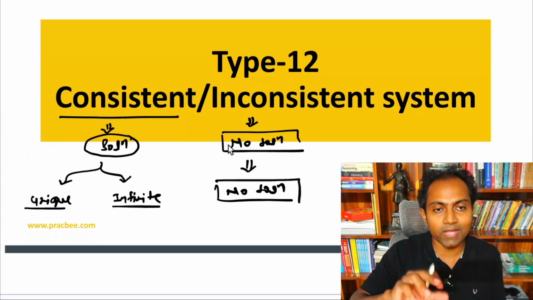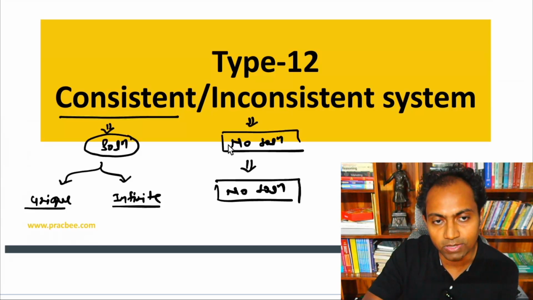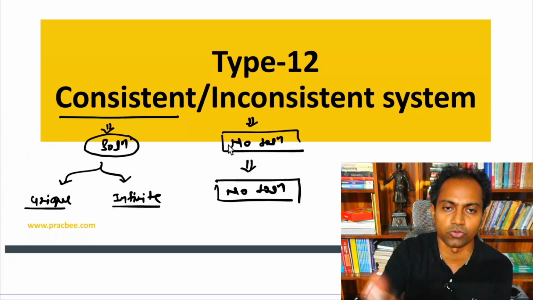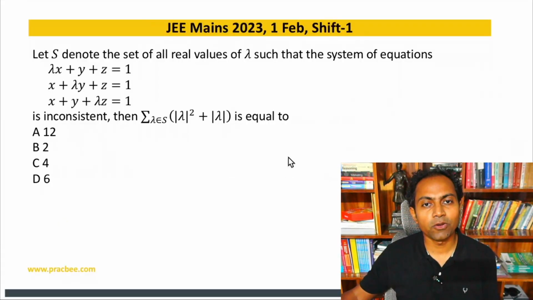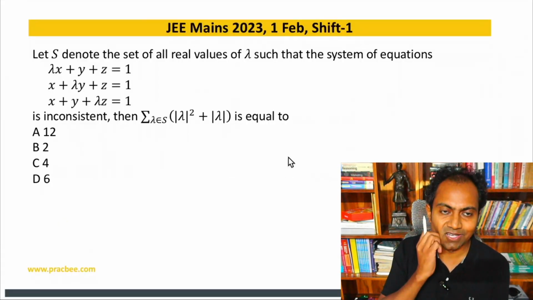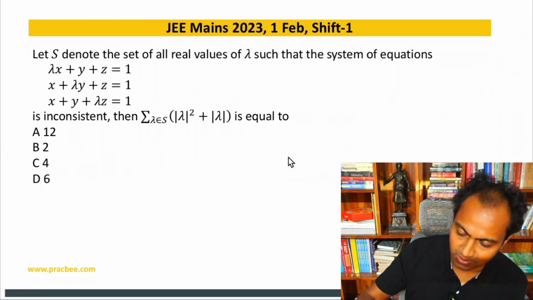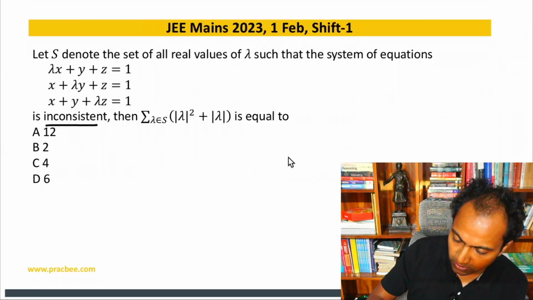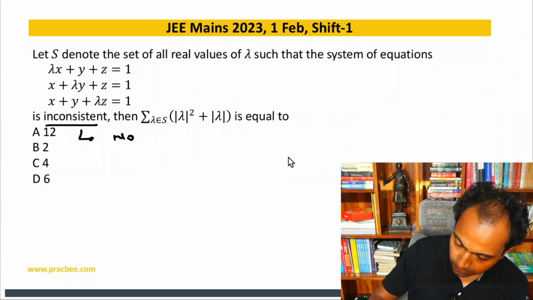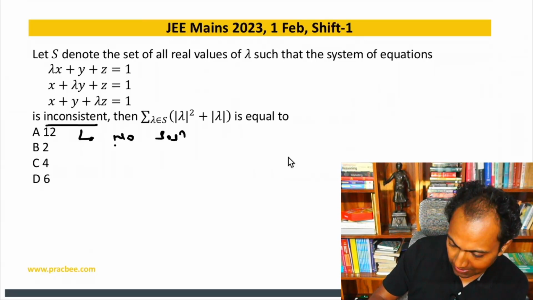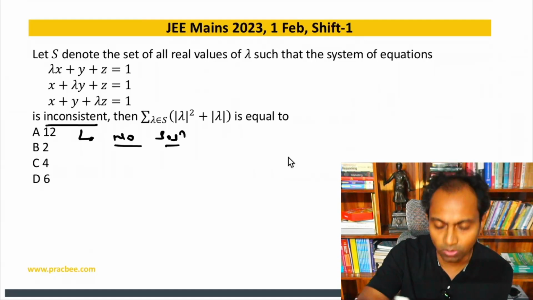Consistency will depend upon question to question. Now, if I look into this 2023 question, it says that this system is inconsistent. See, inconsistent is another word for no solution. Now see, this ultimately reduces into an earlier problem type we already did.